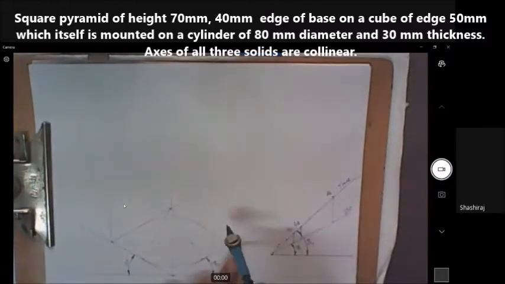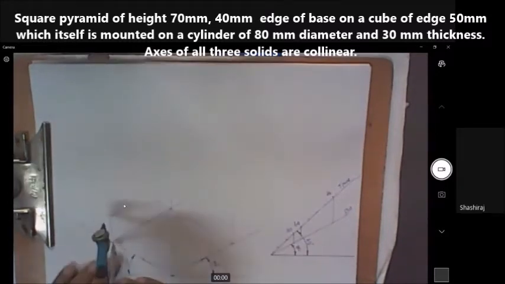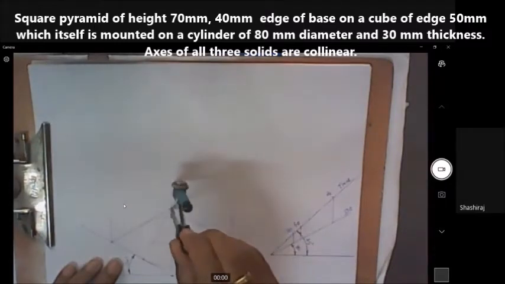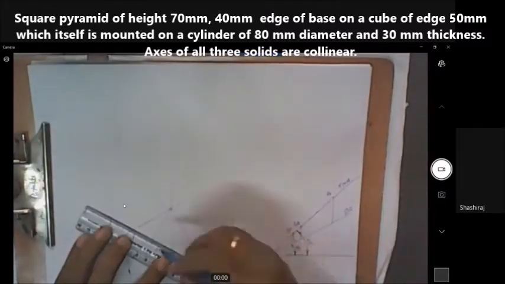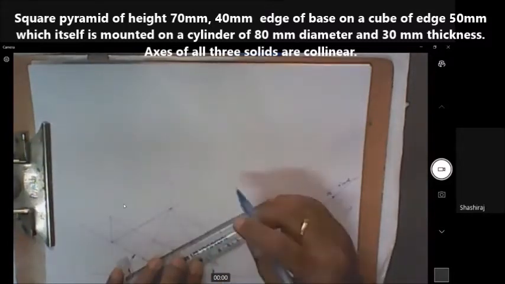I'll mark this ISO 30 here, ISO 30 here, ISO 30 here, ISO 30 here, which becomes the square box inside which I have to draw the ellipse again.